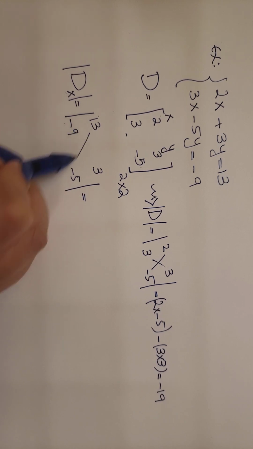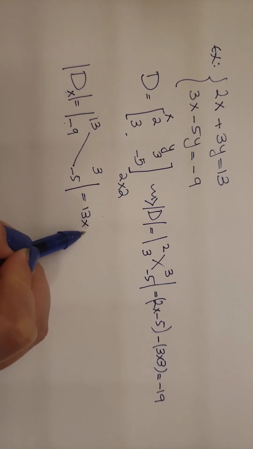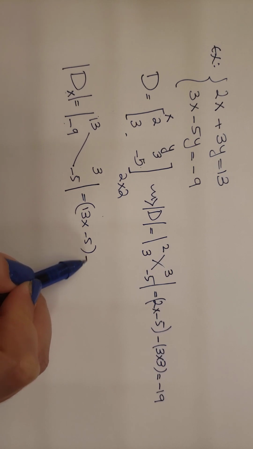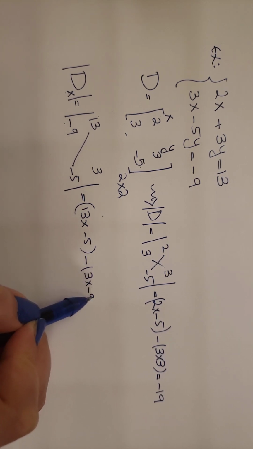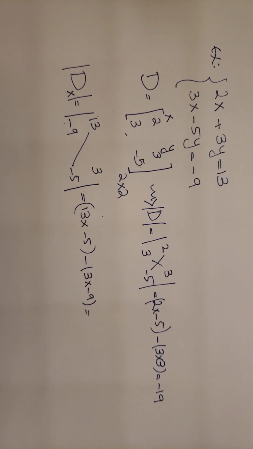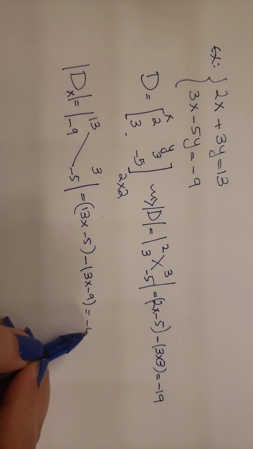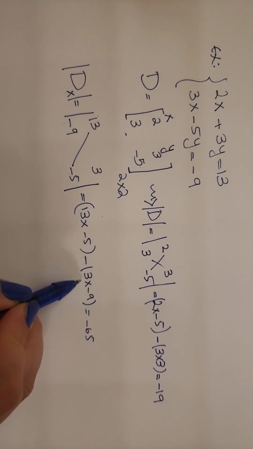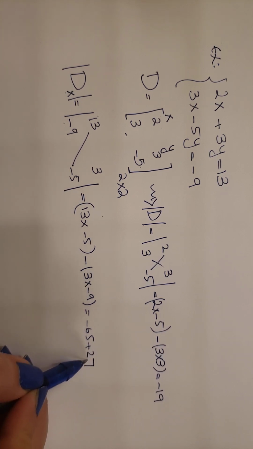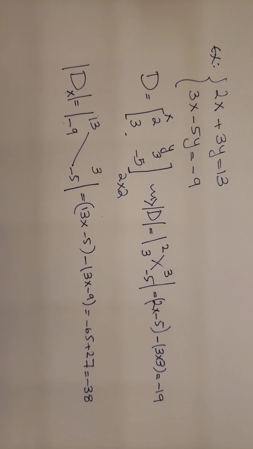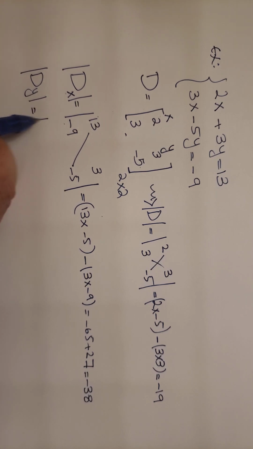So let's calculate it. 13 times -5, minus 3 times -9. So that would be -65 plus 27, which is -38. Okay, so we have to do a similar thing for the determinant of dy.